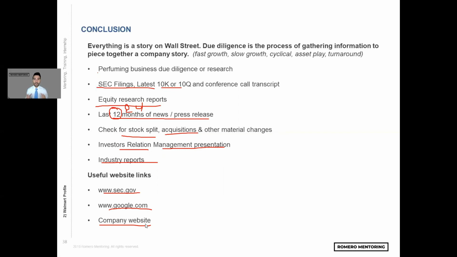But at the end of the day, due diligence is all really about what's the story of your business, formulating an opinion, an investment thesis, and then being able to provide your own recommendation, but more importantly, defend your thesis, whether it's a buy or a sell.